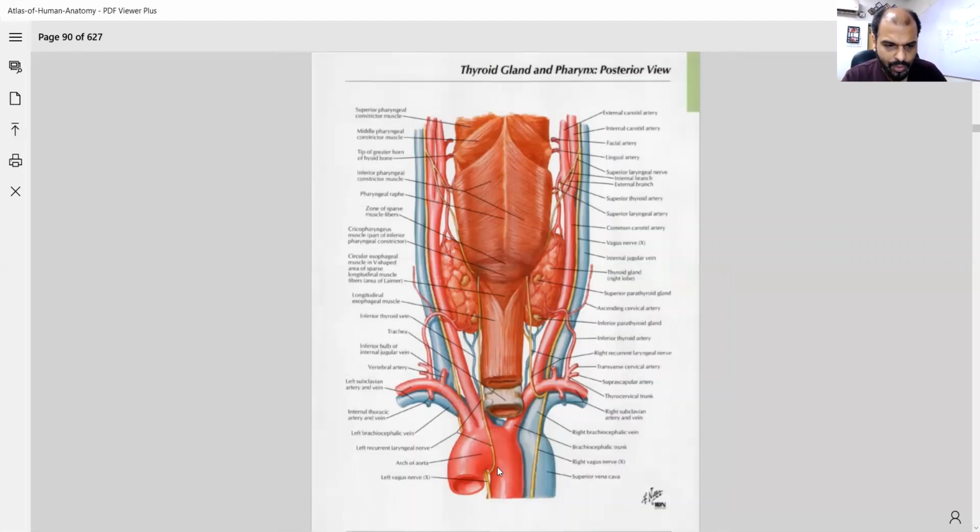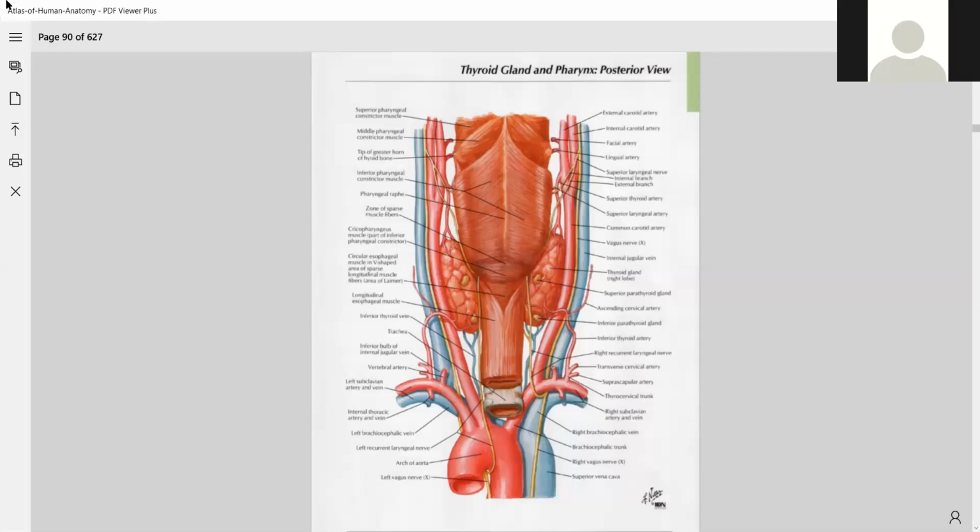It goes down, loops around the arch of aorta and comes back up. This one is the right-sided one, because we are seeing from behind. We are sitting inside the pharynx, and from behind the patient we are seeing inside. This is the right one. Look, this is the right recurrent laryngeal nerve, and it is looping around the brachiocephalic trunk, or the subclavian artery also you can say, and they move upwards back. Clear?